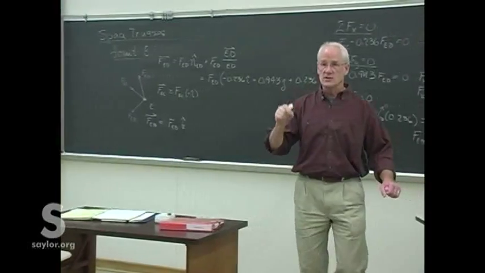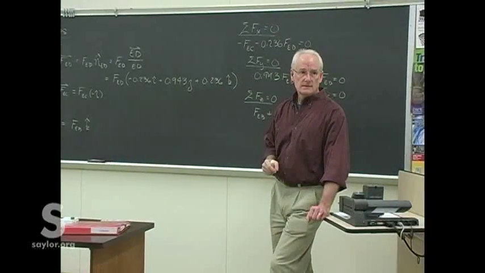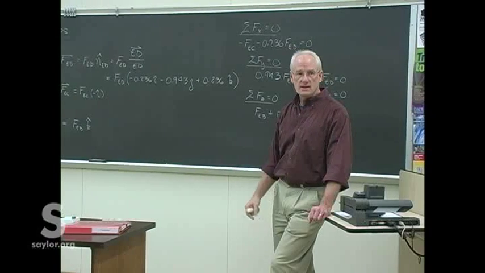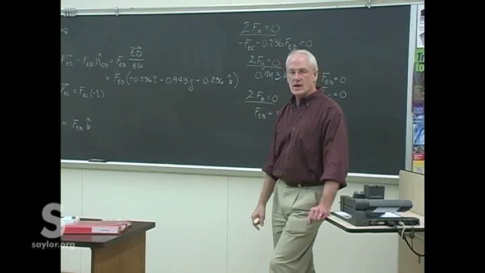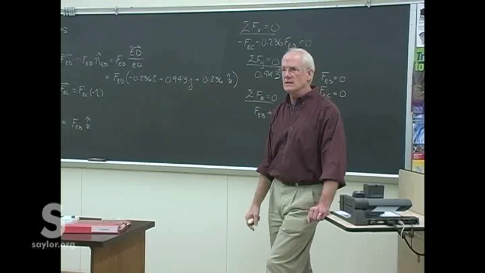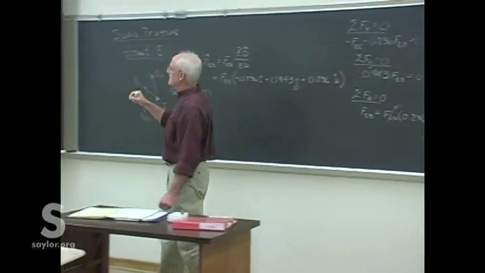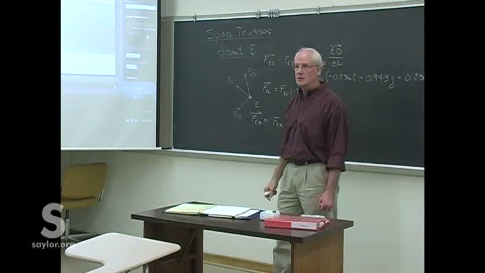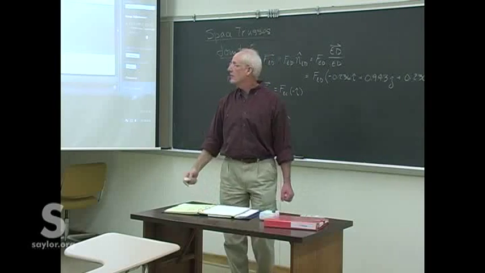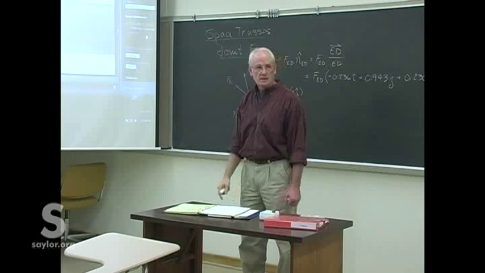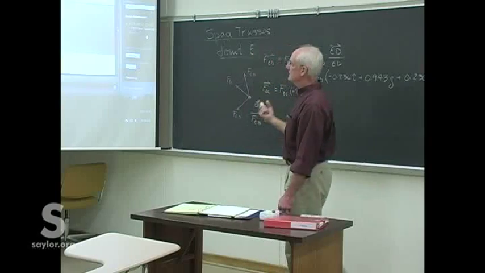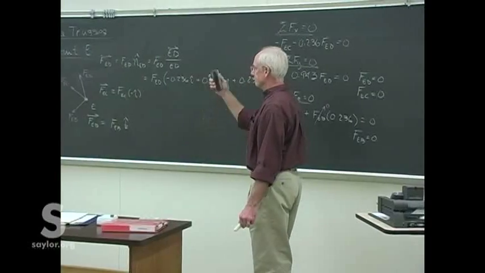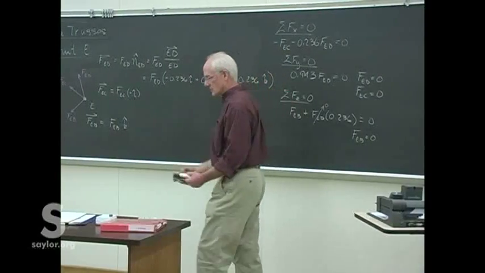Remember, these are massless. There's no support under E. So yeah, it's an extraneous feature of the structure. We just don't need it. There's nothing E is doing for us to help hold up the load D. All the load's going to be somewhere else. So as a designer, you can take out those three things, unless they're needed for some other region, maybe future purposes, or since it's in space, maybe the space shuttle's going to come dock there or something.